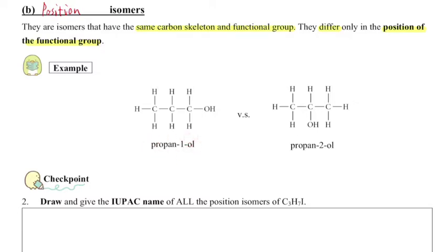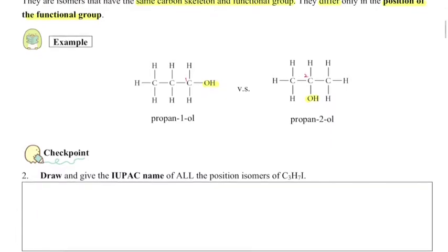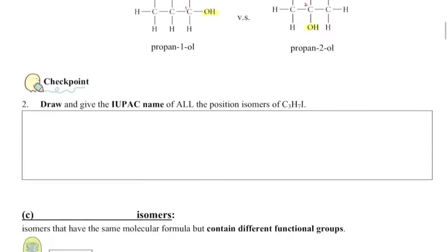That means the OH group is attached to the first carbon. On the right hand side, we have propan-2-ol. That means the hydroxyl group is attached to the second carbon, in the middle of the carbon chain. So the position of the functional group differs, at position 1 and at position 2, and we name them position isomers. Let's try some more examples together.